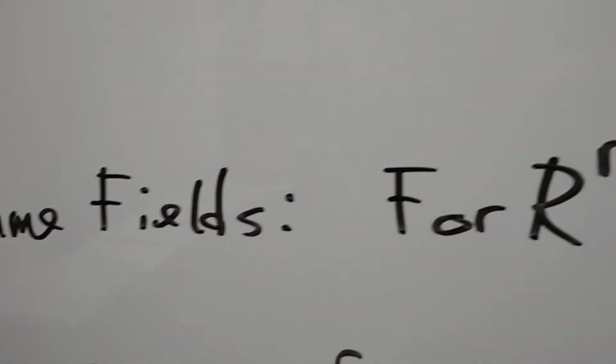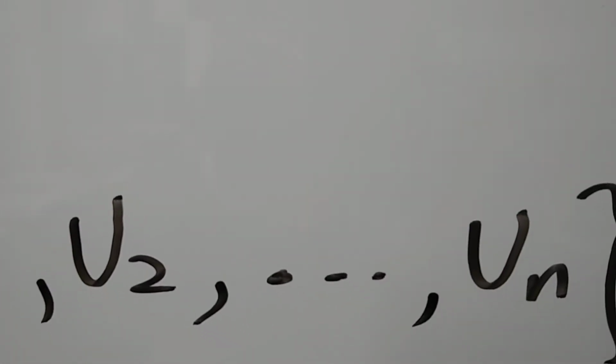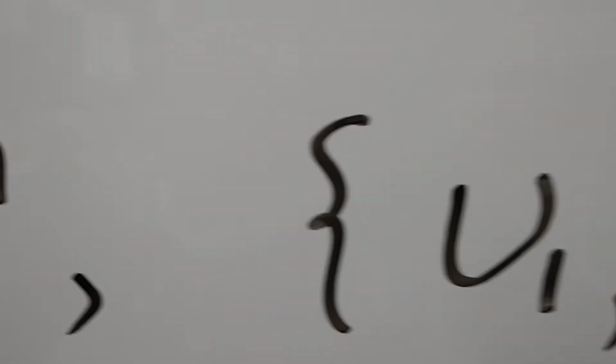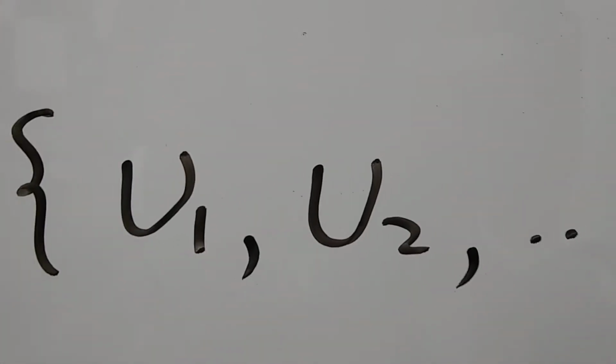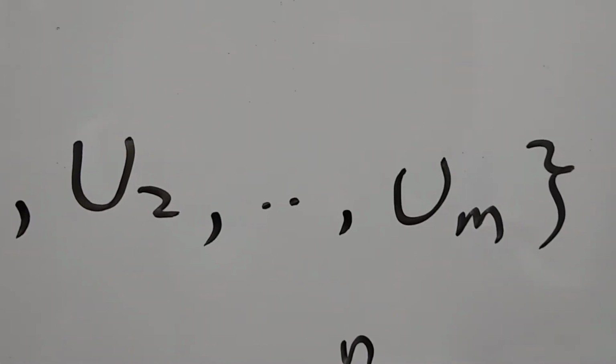Now let's talk about frame fields. My frame field for Rn is just going to be u1 through un, and the frame field for Rm, with a little bit of abusive notation, is just going to be u1 through um.